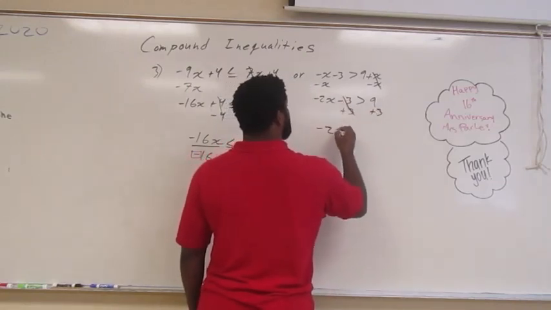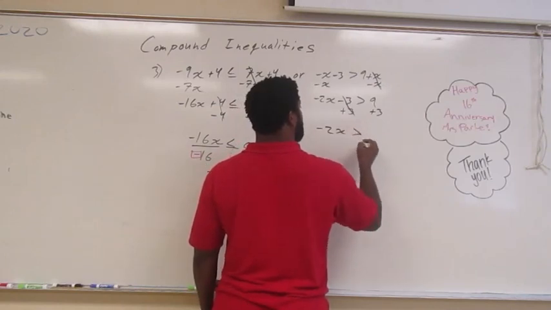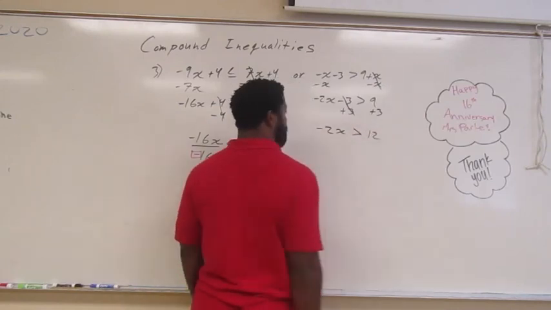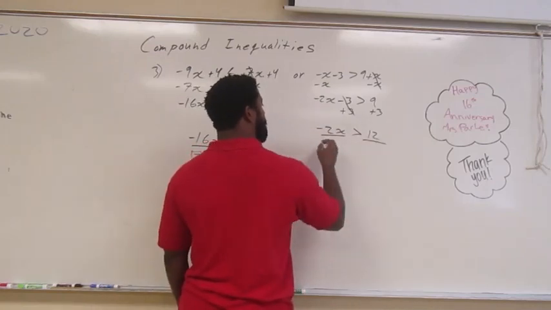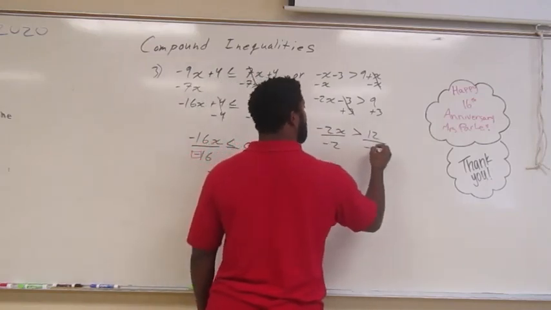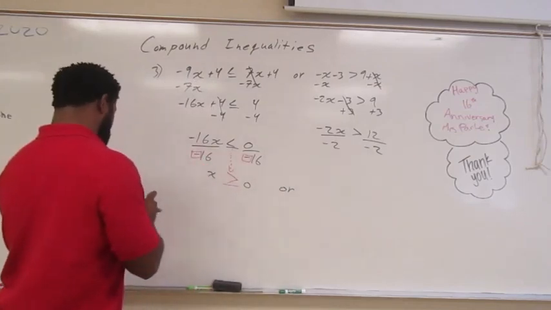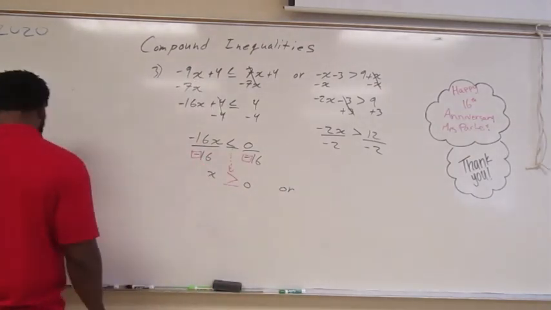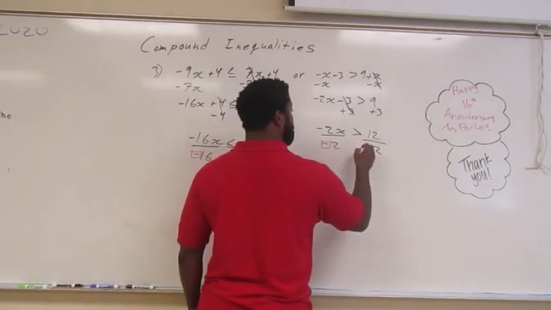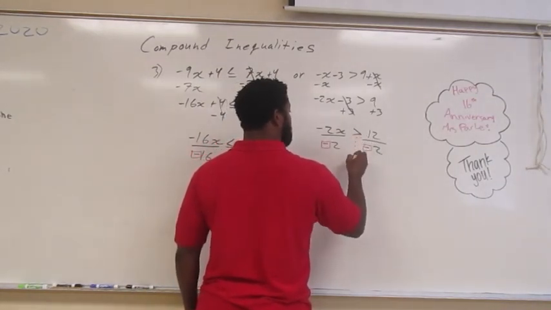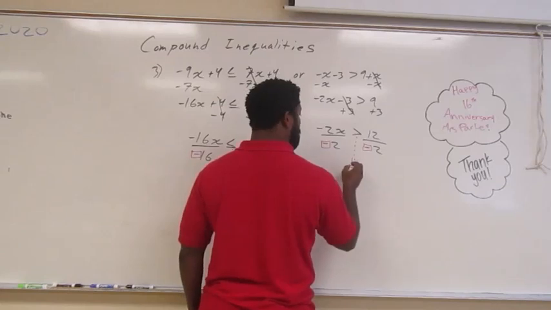Negative 2x is greater than 12. Divide. What kind of 2 are we dividing on the other side? Negative. So you flip it. We are dividing a negative to the other side, so it flips.